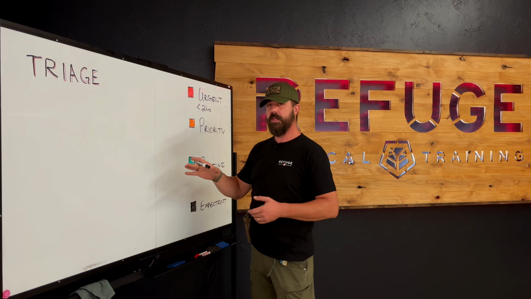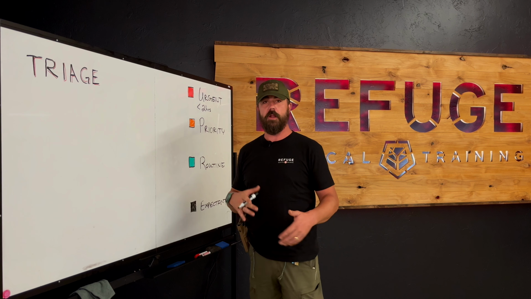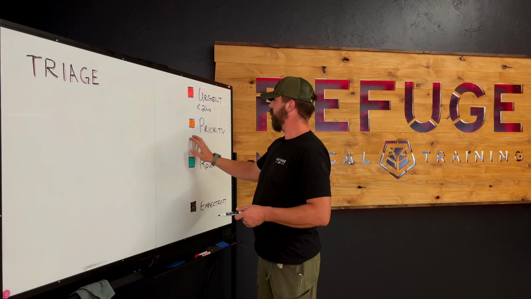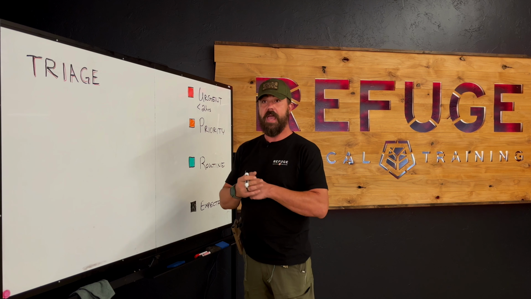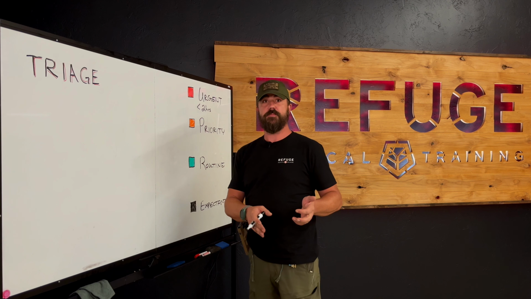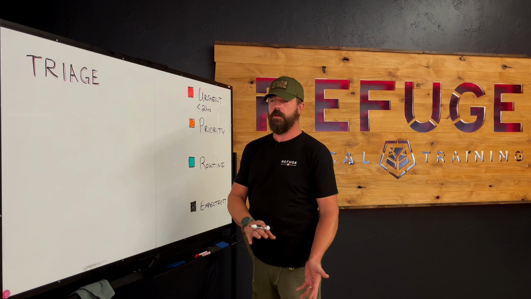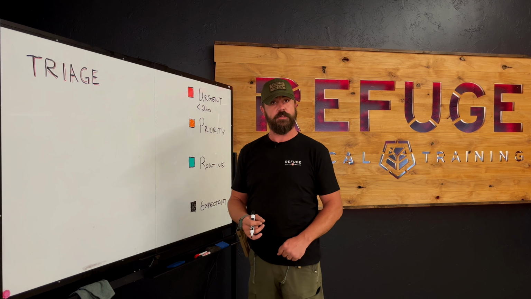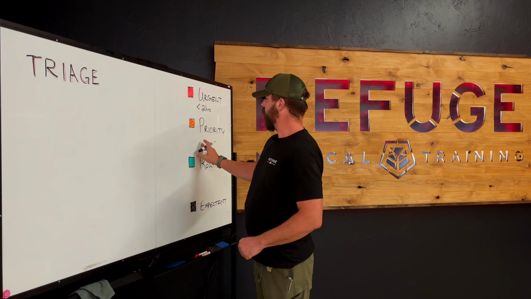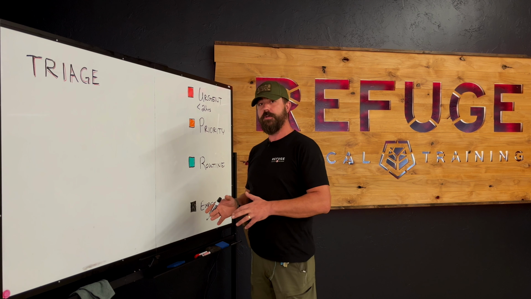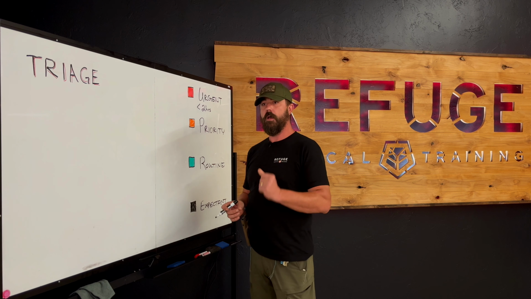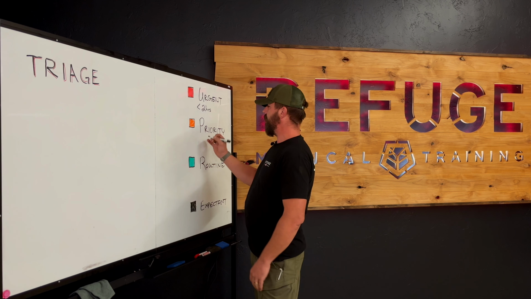Priority would be the next stage. Some people use yellow, some people use orange. So maybe they have an arterial bleed, but it's been treated with a tourniquet now, right? Maybe they self-applied a tourniquet. This is where you have very severe injuries, but it's not immediately life-threatening, needing immediate treatment.